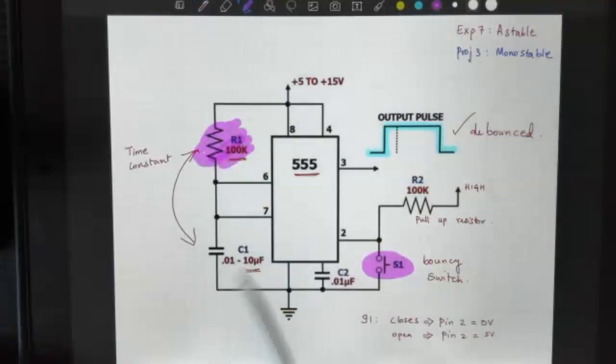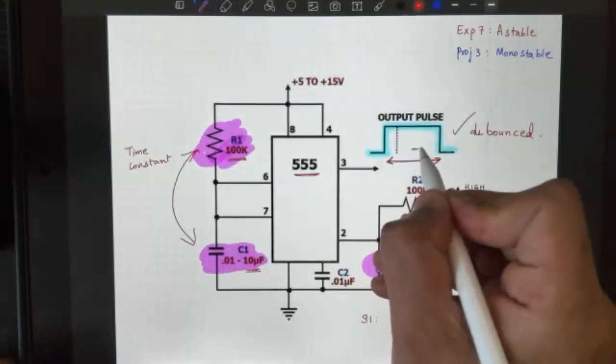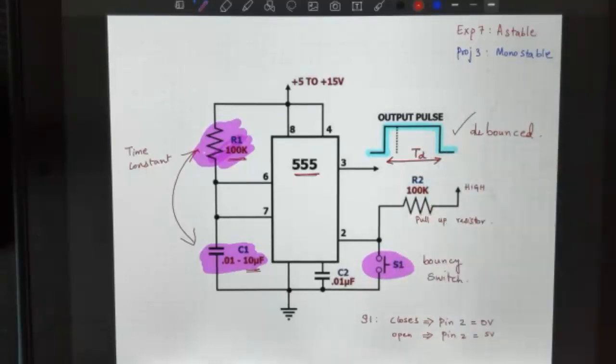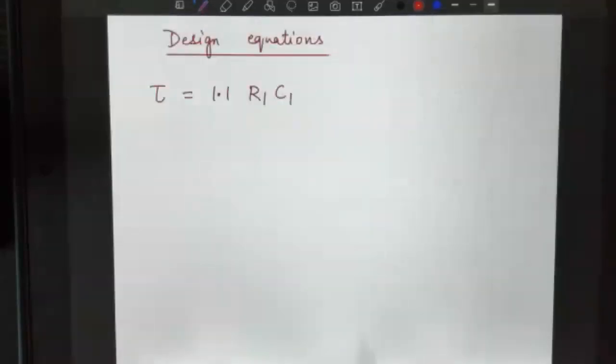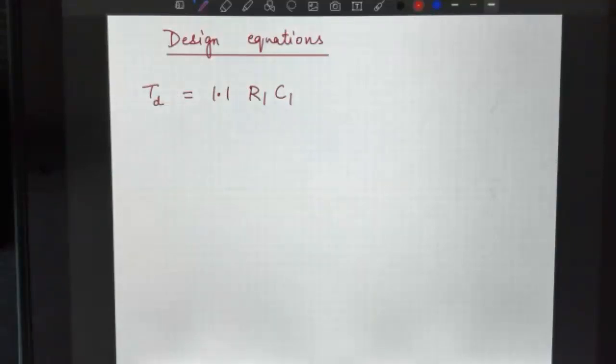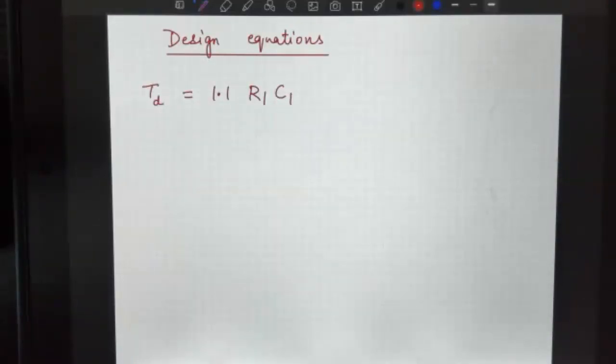Only those two control how long it takes to discharge the capacitor. Let me use a different variable, let's call it TD, T discharge, because tau is being used for the time constant. I want to use TD for the time it takes to discharge that capacitor. That's the only equation that we need in project 3.